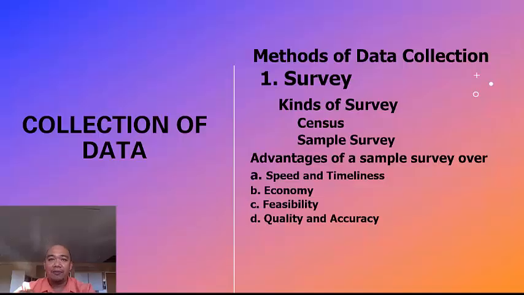And there are some advantages of sample survey. One, speed and timeliness. Data collected on the sample can be gathered faster while ensuring uniformity of data gathering procedure. Another is economy. In data gathering, the analyses are cheaper compared to census.